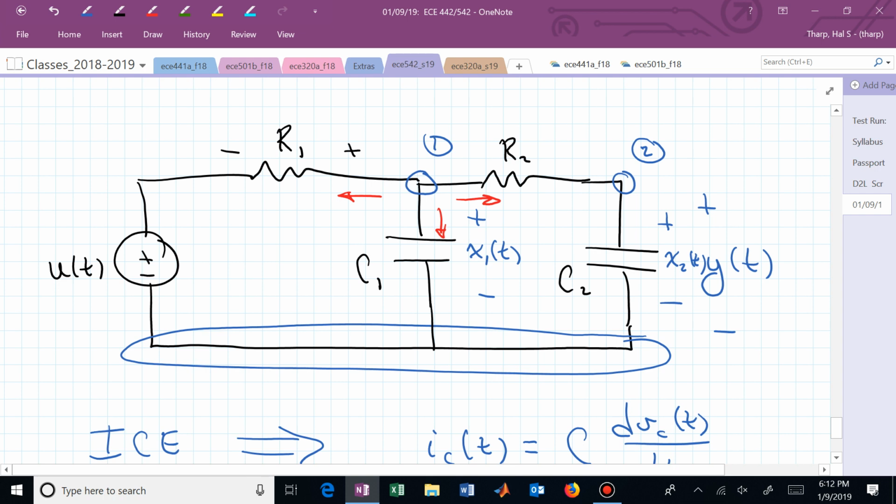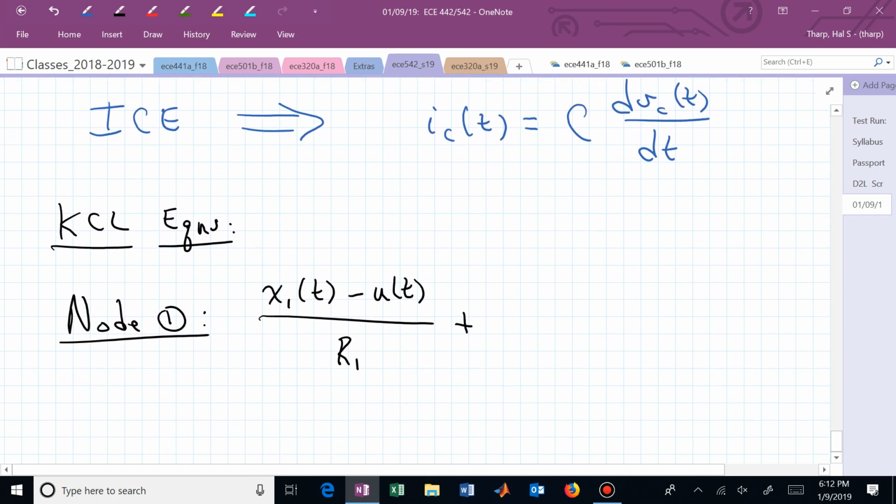I need a current plus a current equaling a current. So I shouldn't have something like that, because that first term is a current. I can't add a voltage to a current, but you might see it.